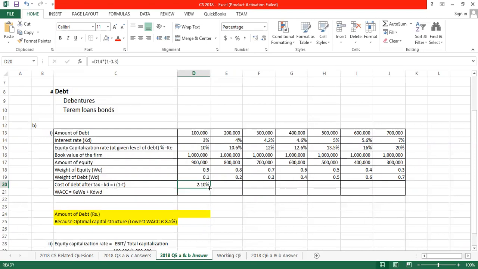Then we can drag. So this is the cost of debt after tax in all options.